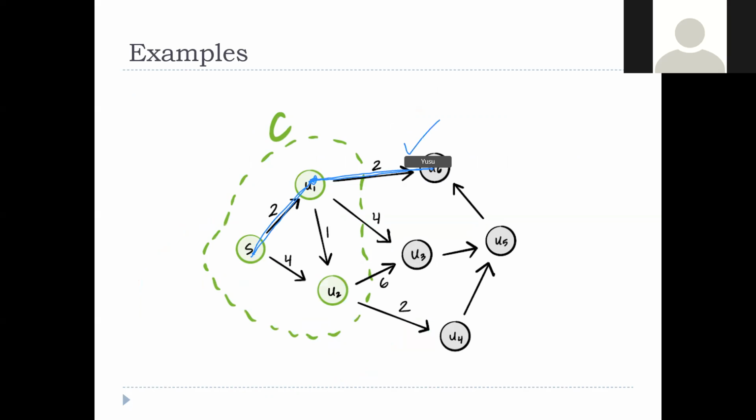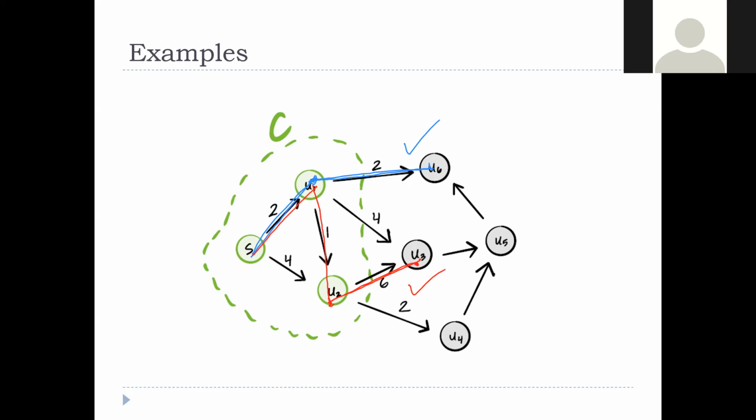Or I can go from S to U1, U1 to U2, and U2 to U3. This is also an exit path because I first stay inside C, S to U1, U1 to U2, and then I leave C through one exit edge, U2 to U3, to go outside. Basically, that's the first time you leave set C.